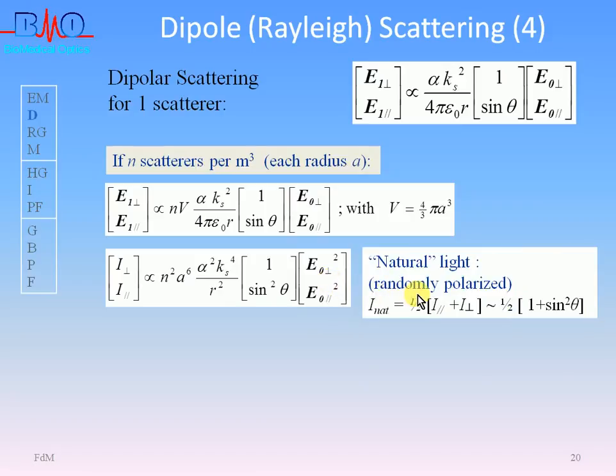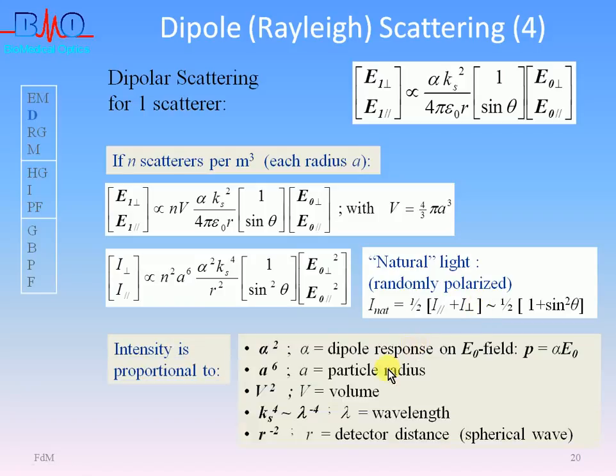And when there is natural light, not polarized, randomly polarized, then we take the average of both. And then the intensity will be proportional to alpha squared, and alpha is the dipole response on the E0 field, proportional to a to the 6th power, the particle radius, v squared, k_s to the 4th power, or lambda to the minus 4th power, and 1 over r squared, the detector distance.